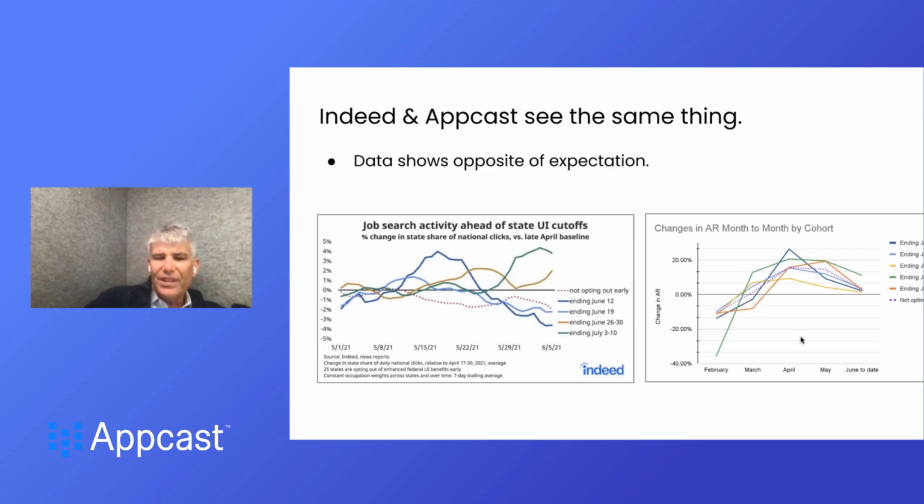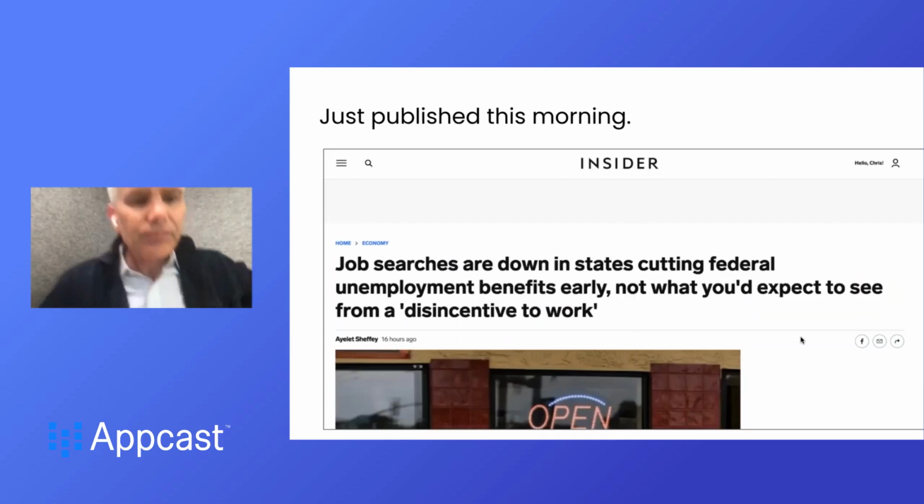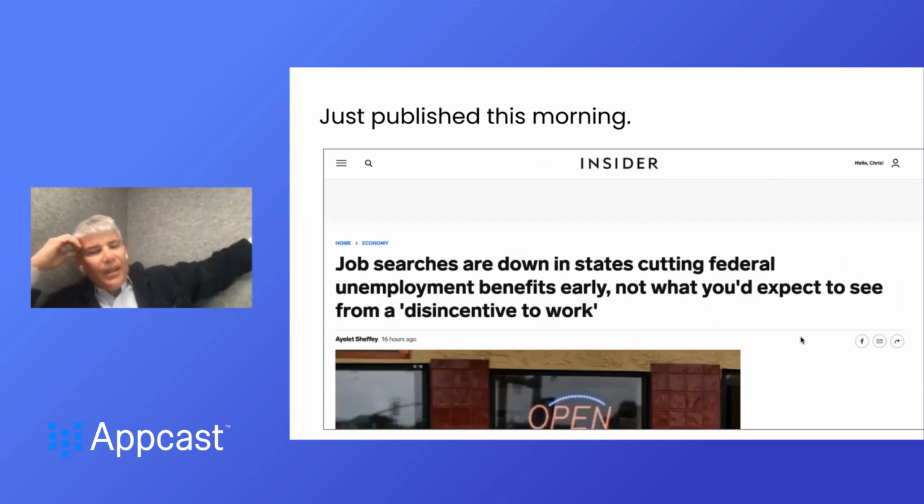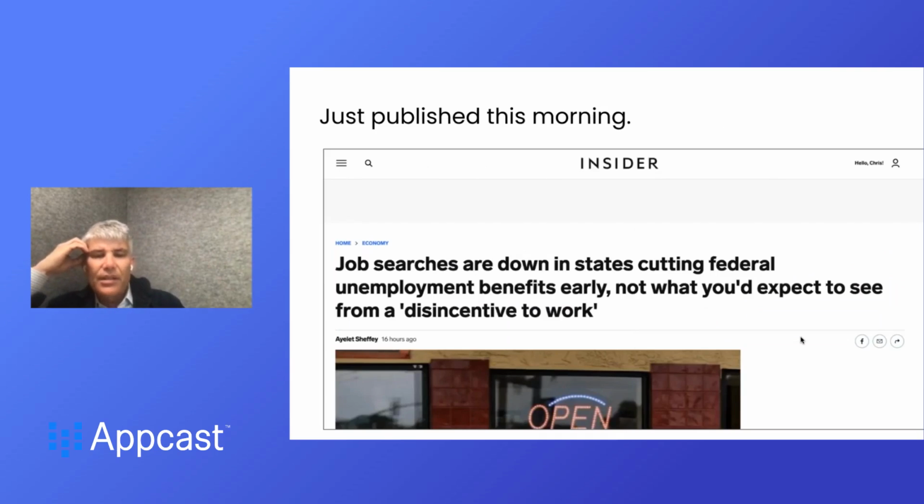So what this means to me is there's something at work here that doesn't necessarily jibe. If job searches are down in states that are cutting the federal unemployment benefit, which kind of goes counter to it, because you would expect to see more people searching and higher apply rates in those states since people are going to be losing money.